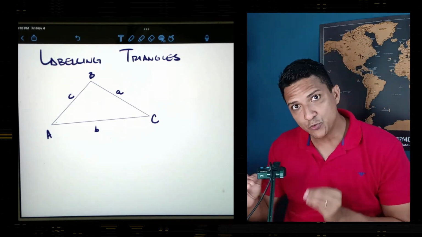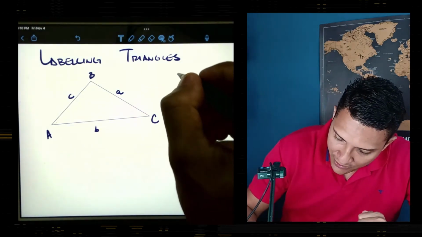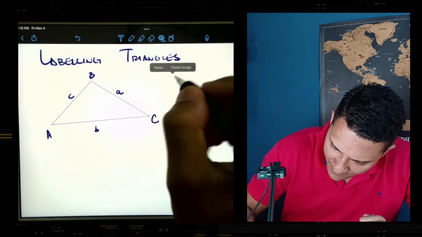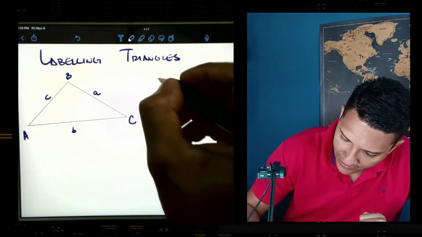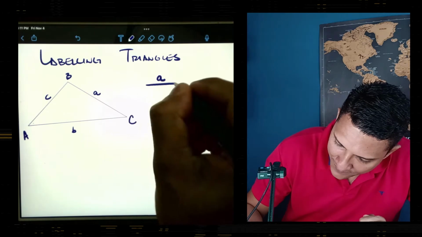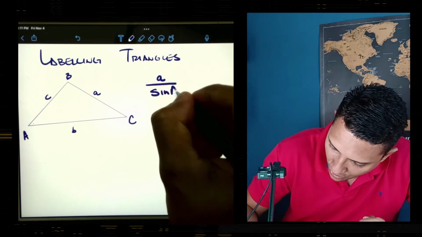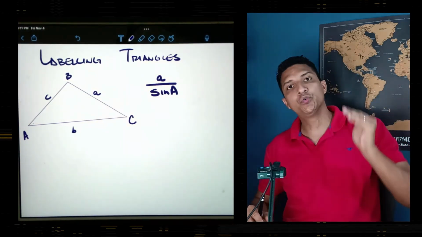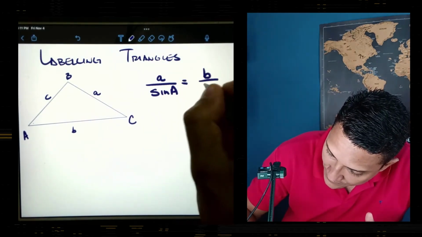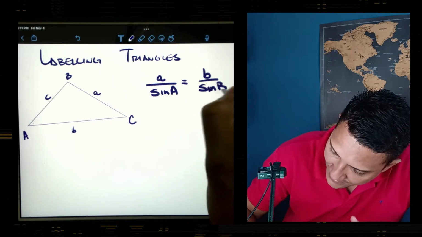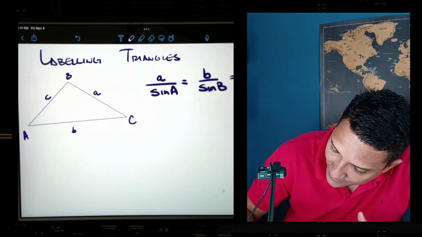The law of sines states the following: the proportion of side a to the sine of the angle A equals the proportion of side b to the sine of B, and the proportion of the side c to the sine of C.